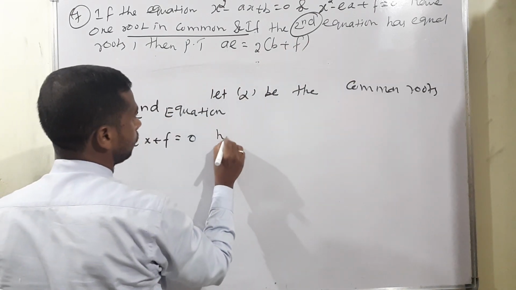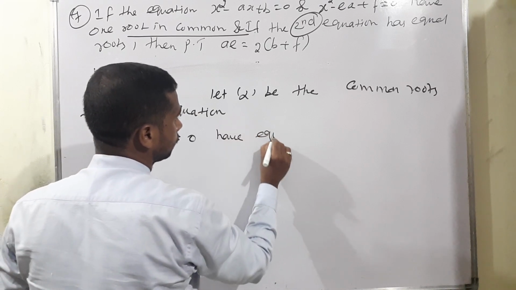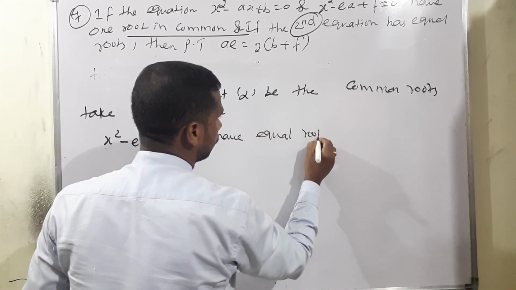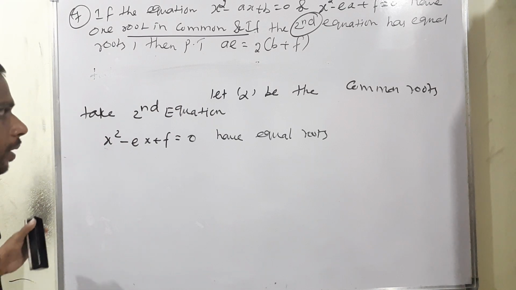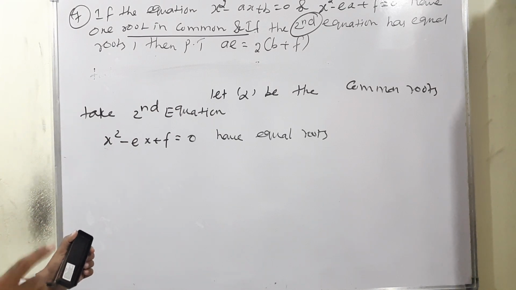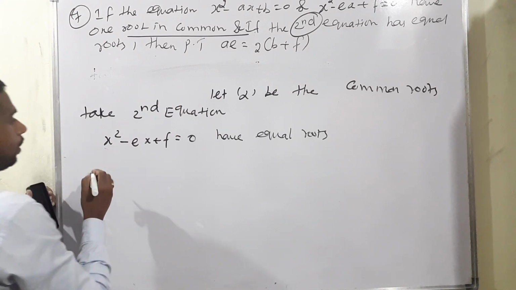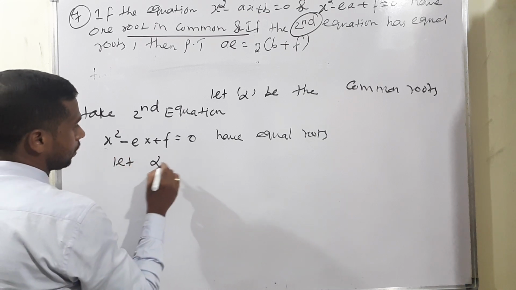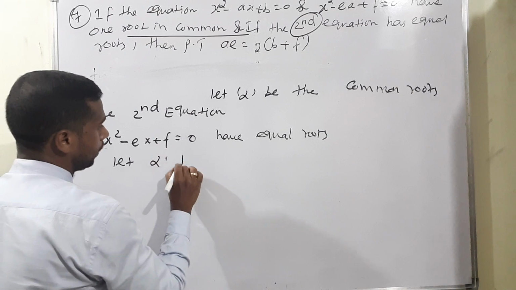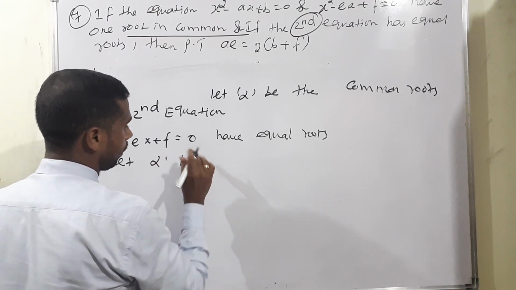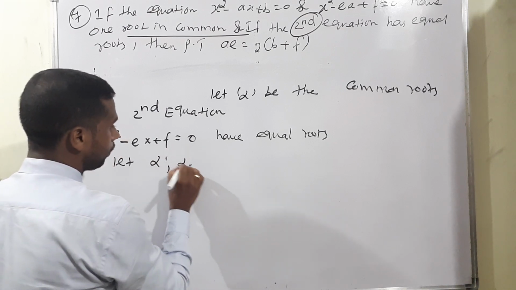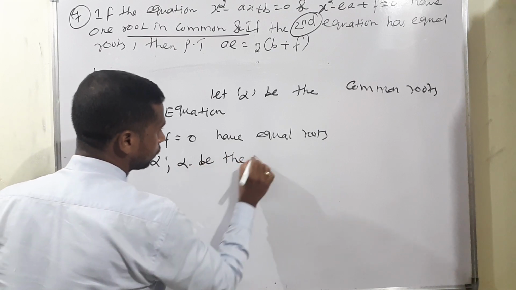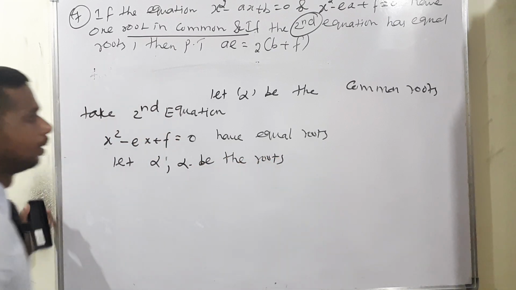So equal roots means if alpha is one of the roots, the next root is also alpha. So let alpha, alpha be the roots.